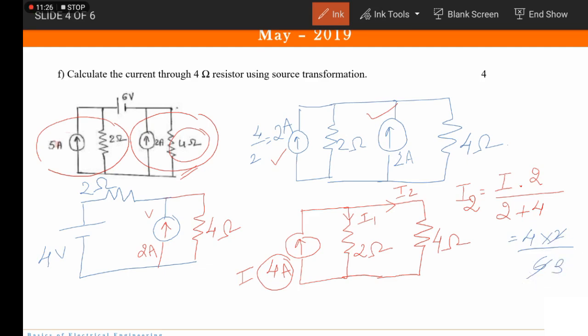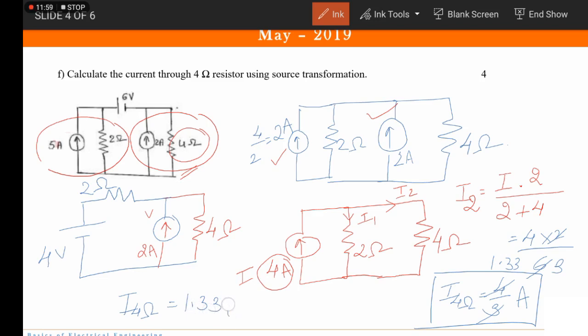Fine? So the current through the 4 ohm resistance is 4 by 3 amperes. This is my answer. Of course, you can divide 4 by 3 and write the final value of current as 1.33 amperes. So even this can be the answer.